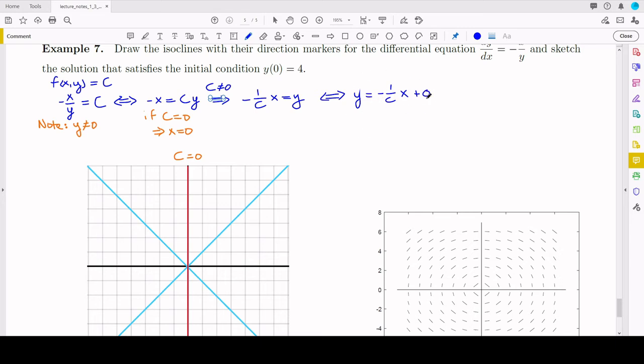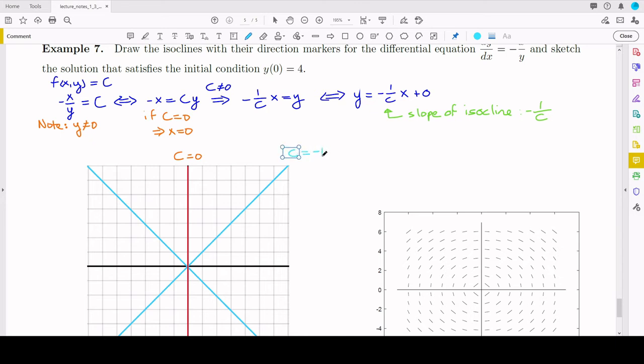Again, this is a straight line, so the isoclines are straight lines, and the slope of the isocline is negative 1 over c. And I'm going to look at two examples.